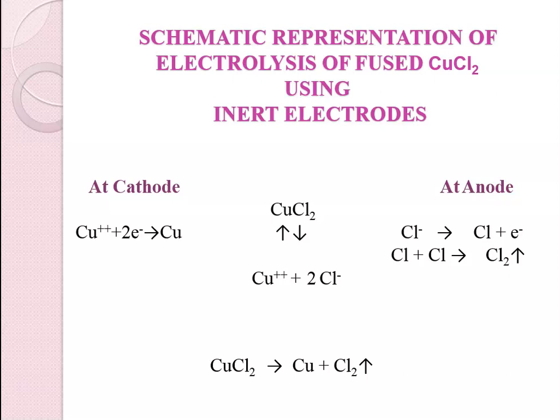As a result, chlorine gas is liberated at the anode. Similarly, the copper ions take up electrons at the cathode and copper is formed at the cathode. So as a result of passage of current through fused copper chloride, you have copper at the cathode and you get chlorine at the anode.